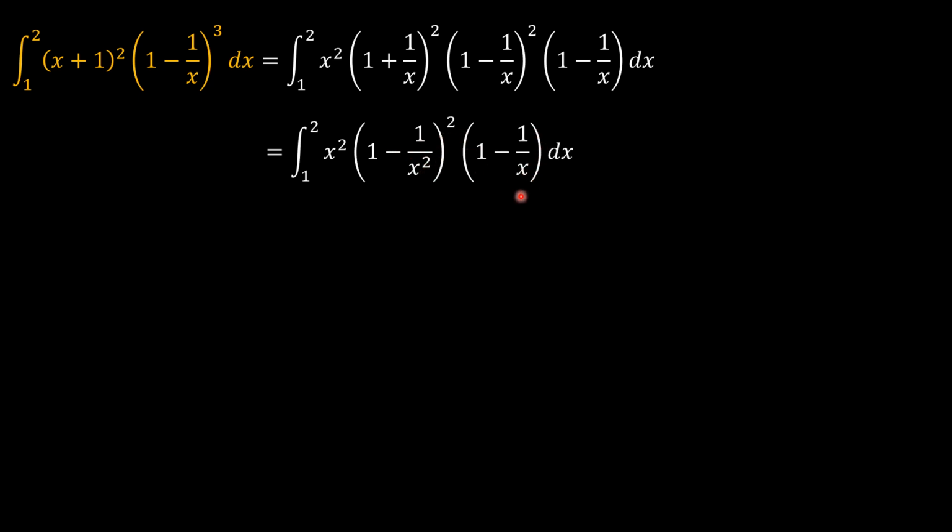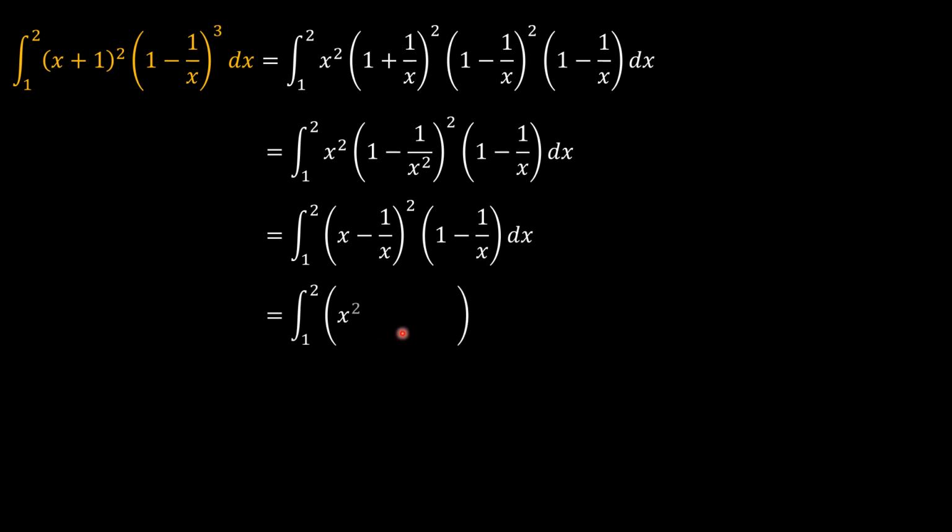And then when you multiply x squared with this component, it becomes the integral from x equals 1 to 2 of x minus 1 over x squared times 1 minus 1 over x. Now you can square these so that you get x squared minus 2 plus 1 over x squared times 1 minus 1 over x.